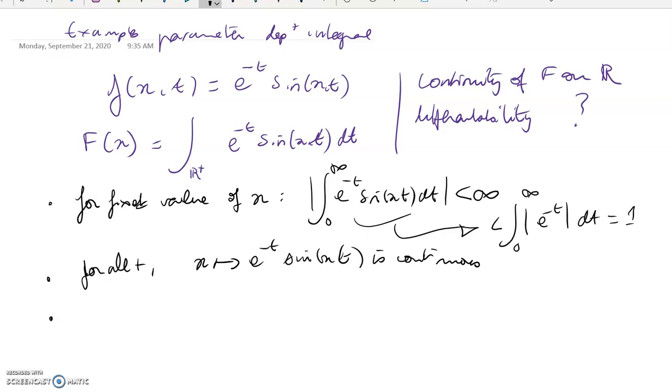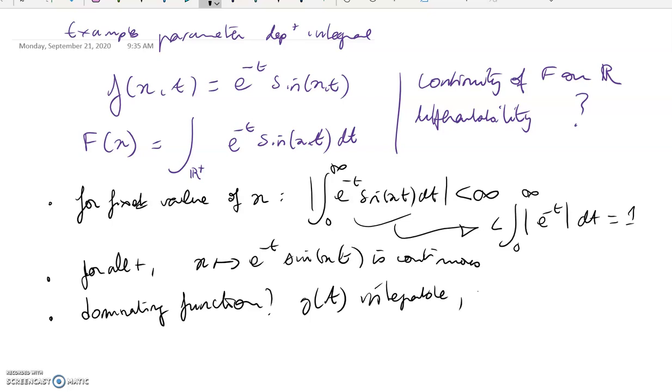All right. Do I have a dominating function? So again, a function that depends only on t and that is integrable for all values of x. Well, x we said should belong to R.